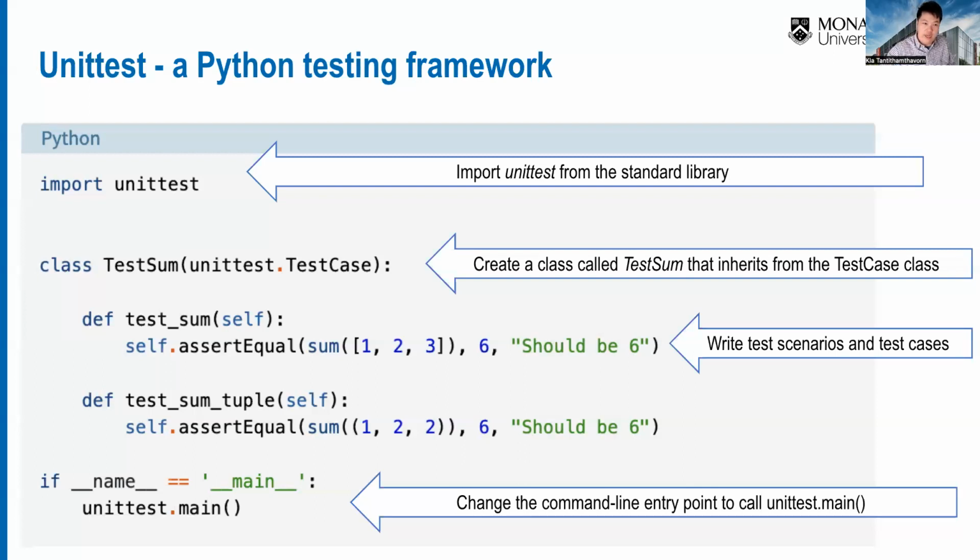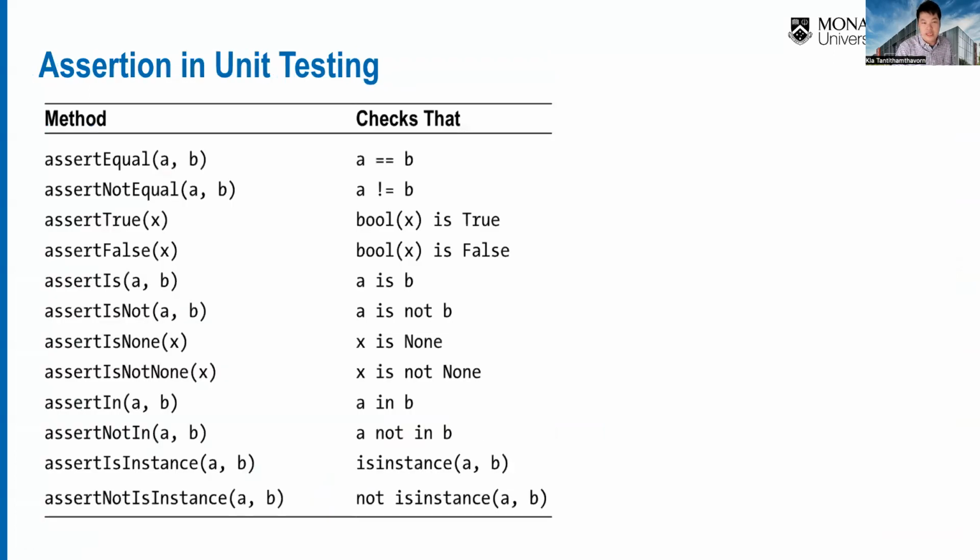Because we use the unittest framework here, it allows us to create multiple kinds of test cases. We can use assertEqual, assertNotEqual, assertTrue, assertIn, which can be used with a list or dictionary, and assertIsInstance, that kind of thing.